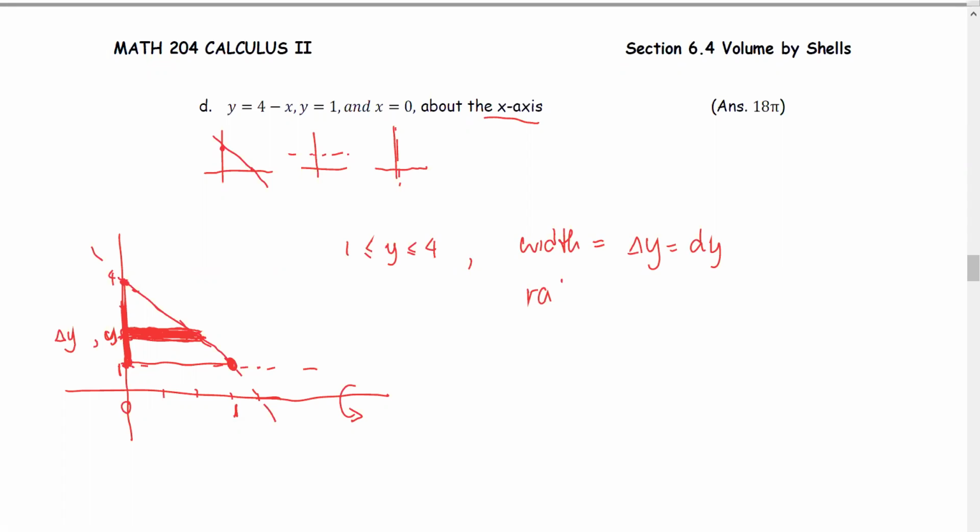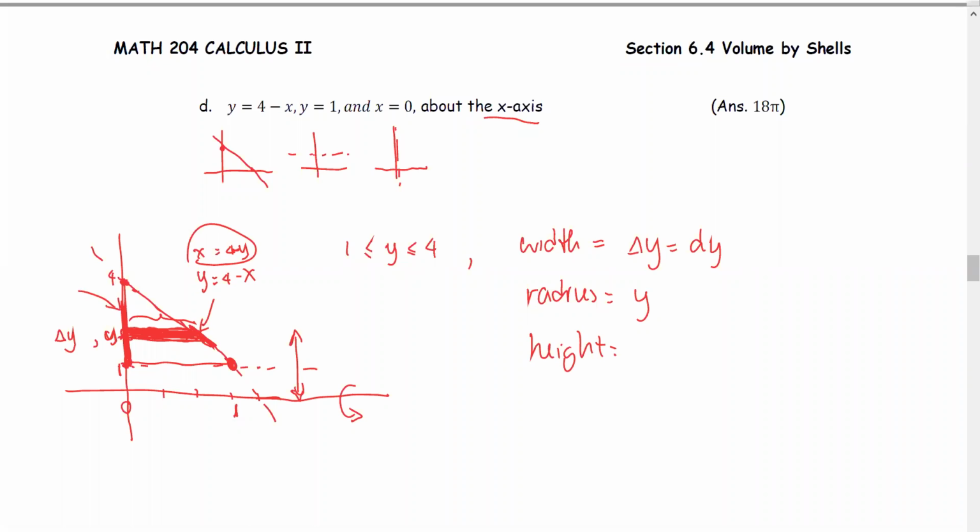The radius of this shell is measured from the axis of revolution to the position of the bar, which is y. For the height of the bar, since this is a function with respect to y, the right function, the line y equals 4 minus x, will be rewritten as x equals 4 minus y.